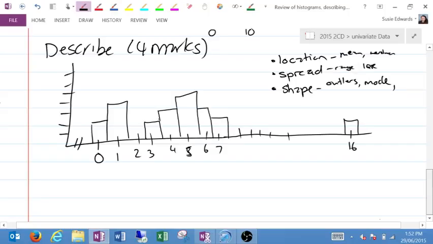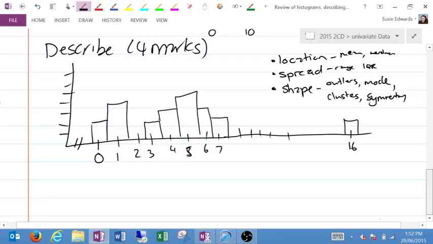The shape is outliers, mode, clusters. So if there's clusters of data, symmetry. So you might want to talk about this being symmetrical here, so this section being symmetrical, okay? So if I'm asking you for 4 dot points, you need to talk about at least 1 of each, and then you can pick another one. Usually you pick 2 from here, all right?